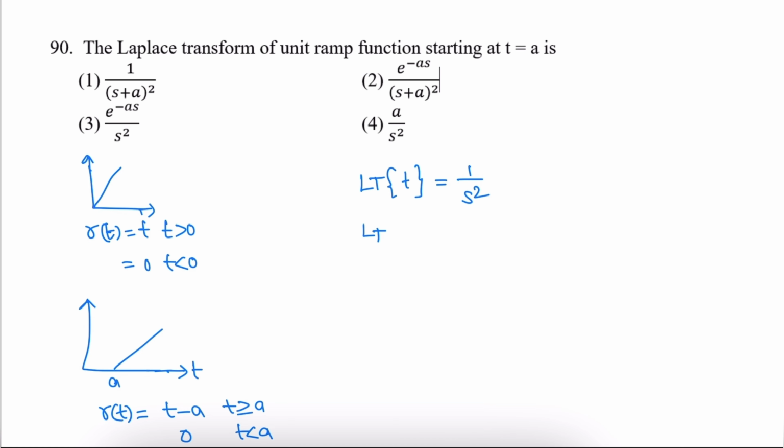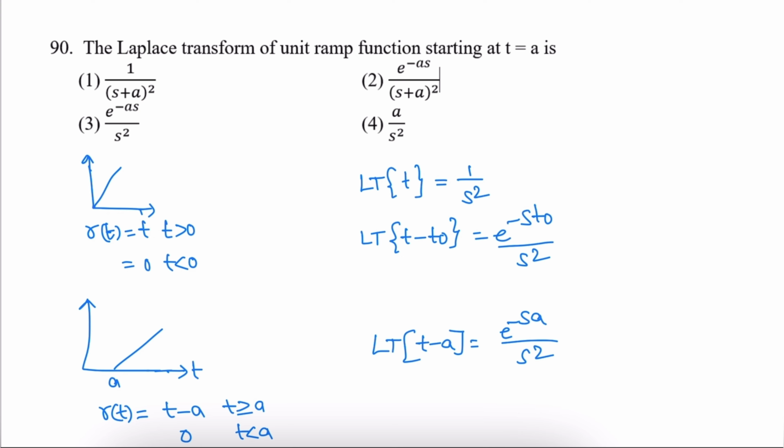The Laplace transform of t minus t naught, signal shifted by t naught seconds, is e power minus s t naught by s square. Therefore the Laplace transform of a signal t minus a shifted by duration a seconds is e power minus sa by s square. The correct option is 3.